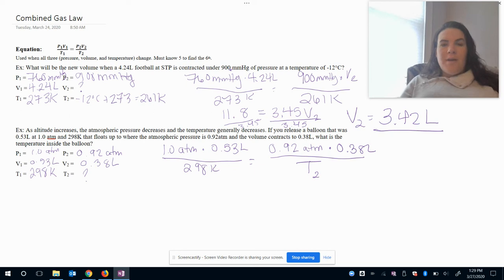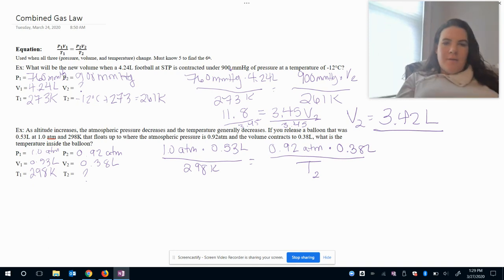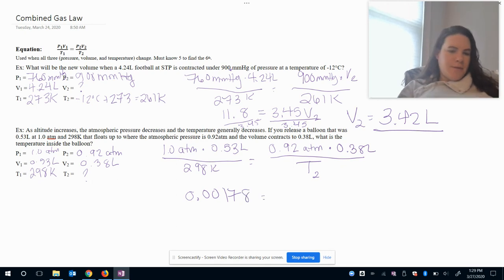Okay, so this one, again, we can reduce it down, although I didn't solve it that way. So I'm going to have to plug this in my calculator real quick. So 0.53 divided by 298. All right, we got 0.00178.